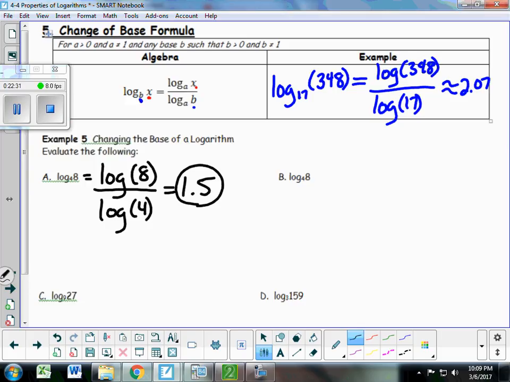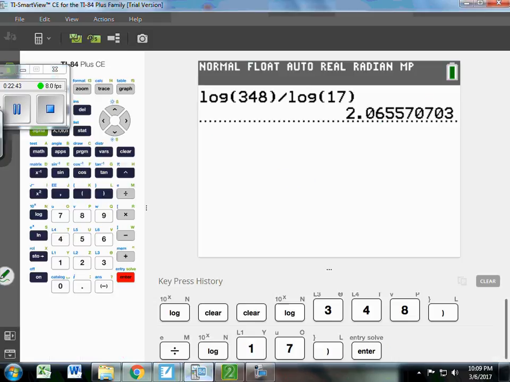Now at first you might be looking at B and thinking that's a typo, but actually I purposely put that second one in there because there's another logarithm button on our calculator that we'll talk a little more about later, but it's this ln button right here. It's right below logarithm, at least on the TI-84 it is. Might be different for other ones.